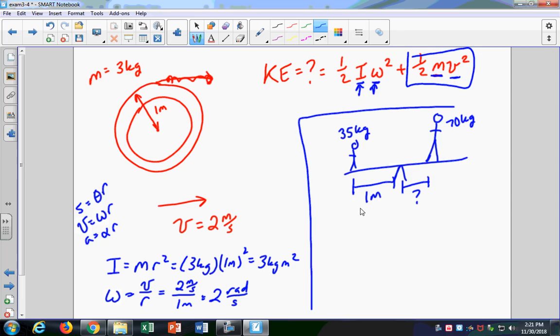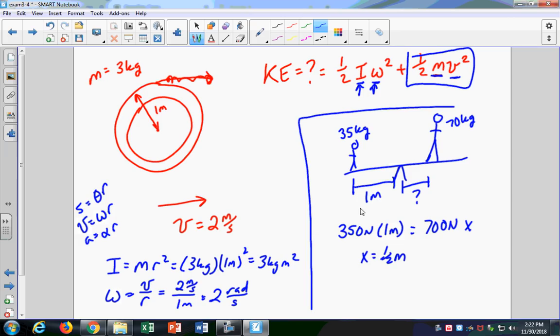Well, let's do this one right quick. So I would say this force on the left is 350 newtons times 1 meter has to equal 700 newtons times x. And I would solve for x, and x is equal then to a half a meter.